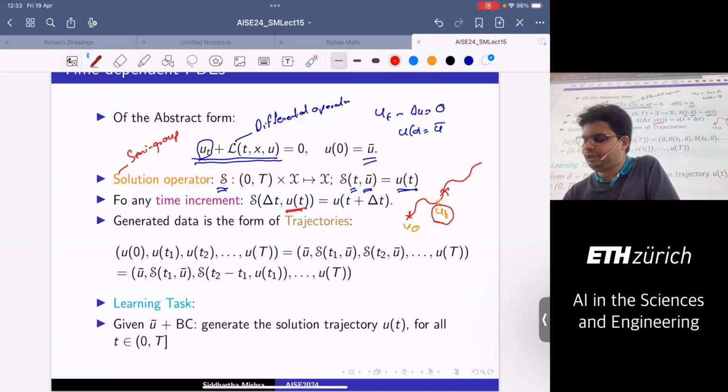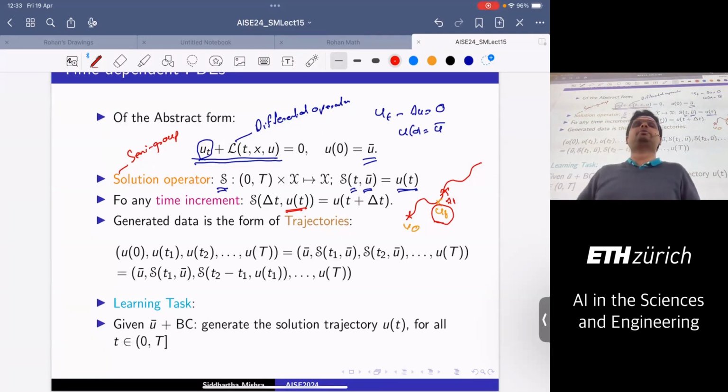Or you start at UT and you ask what is the increment in delta T, you'll also reach the same point, right? So this is causality, that whether I start at the beginning and go towards the end time, or whether I start very close to the end time and go towards the end time, provided that the time increment is given as one of the parameters, then we know that the solution can be generated and is unique, right? So this is causality.